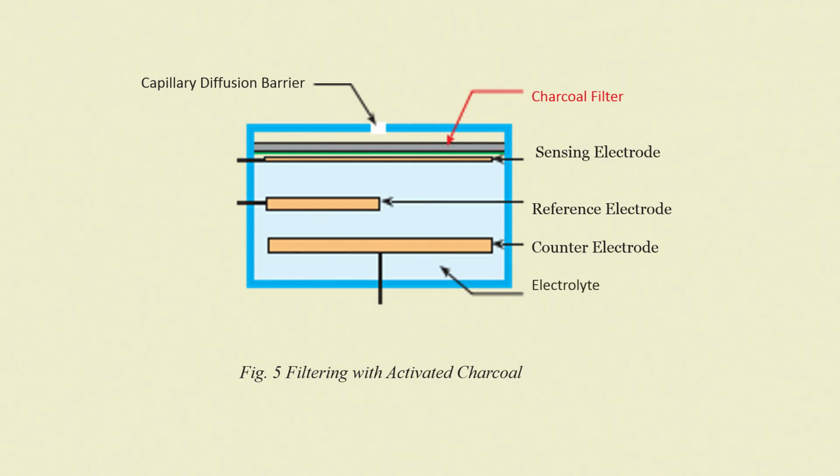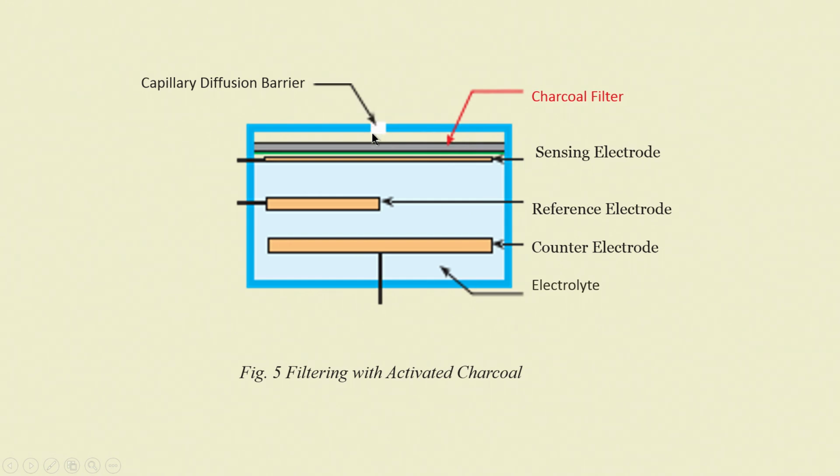Maybe one more slide I had shown you, but basically this design helps you to serve the requirement of an electrochemical sensor with activated charcoal. So, here I have a black piece, that is a charcoal filter, and then here is our capillary diffusion barrier.